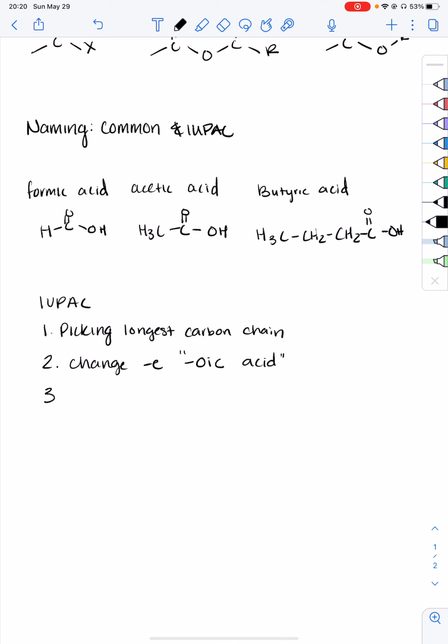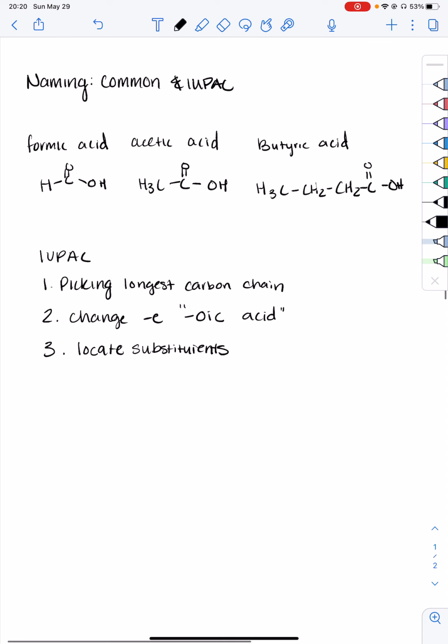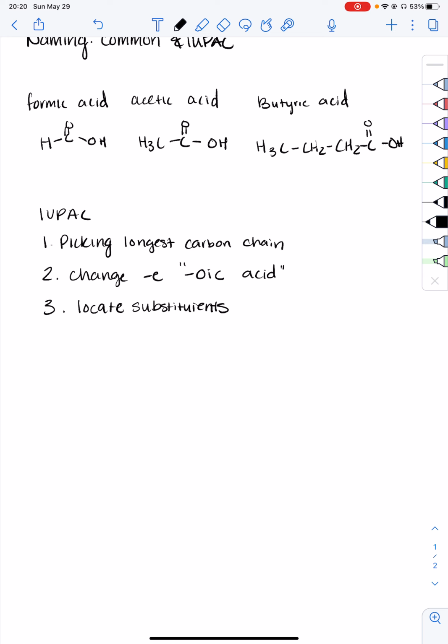And the third thing is to locate any substituents and label their placement, numbering away from the carboxyl group.